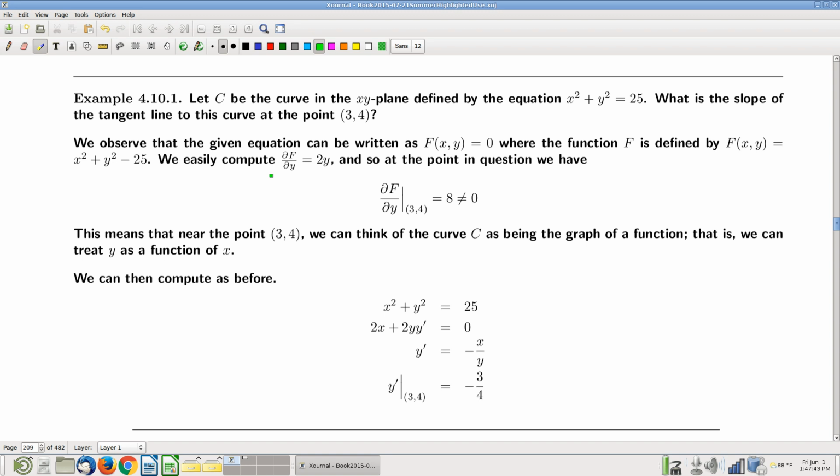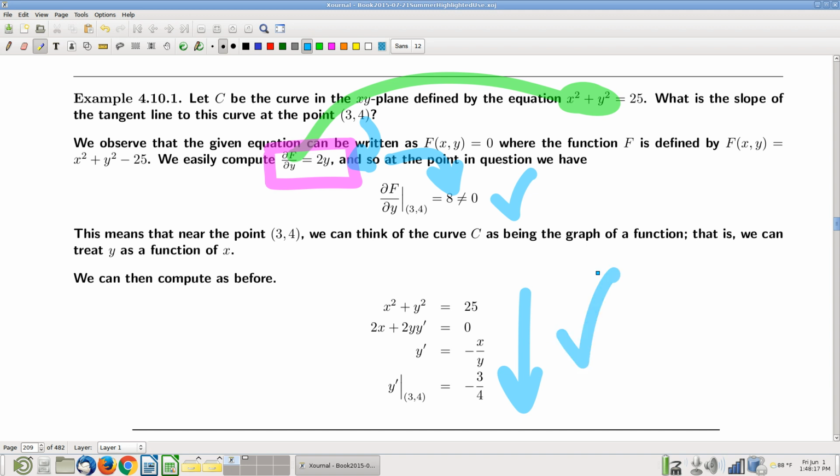And so I take the partial of this function with respect to y, I get 2y, into which I plug that point, I get not 0. So here's your f. Partial of f with respect to y is 2y. Plug in the point, you get 8. 8 is not 0. Our theorem tells us that means this is not a problem. y is a function of x. And then all of this is just fine and dandy.